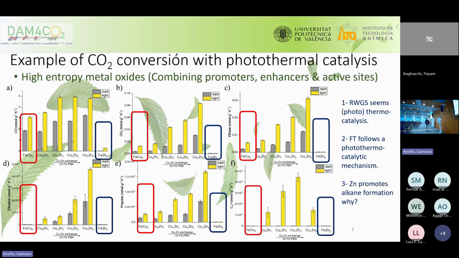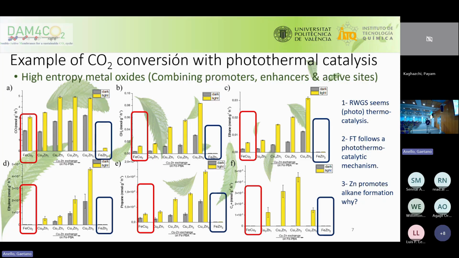So we can also get an idea of the mechanisms that the different reactions are following. The reverse water gas shift is following a photothermocatalysis, I mean, the light is only heating the material, basically, because the increase is quite a good increase, maybe 60% or something like that, but it's not very impressive.